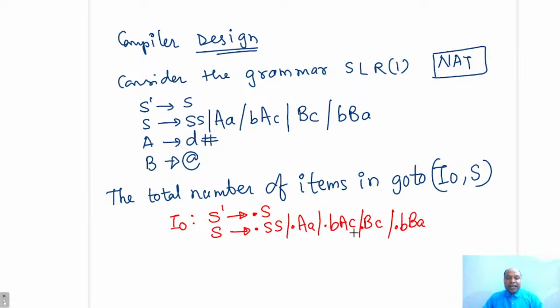Again, as A and B are non-terminals, we will incorporate the A production dot d hash and the B production dot at the rate. So this is I0.